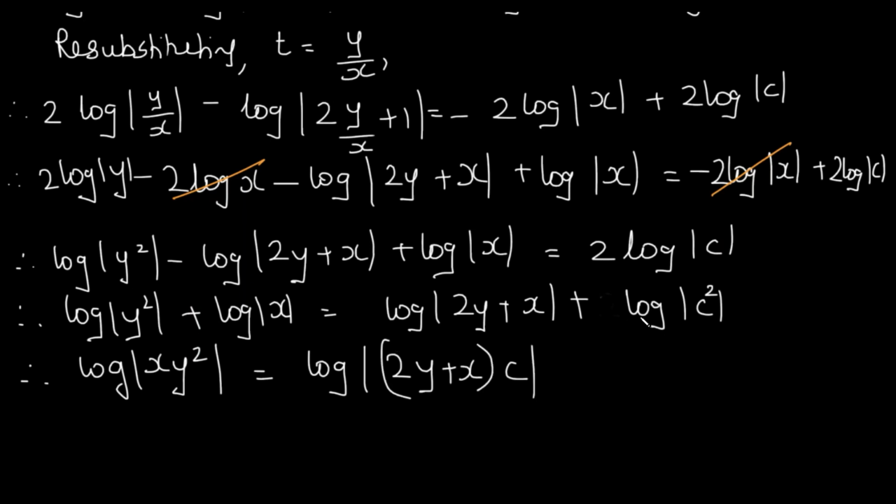Over here also we combine the logs. Now log terms are cancelled from both the sides, and therefore we get our final answer, which is x y square is equal to c square into 2y plus x.